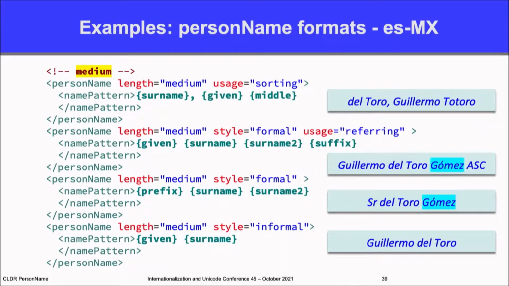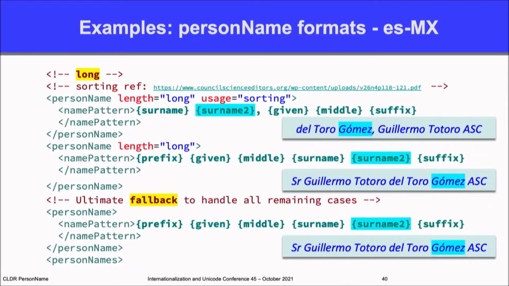And then another few examples with representation, bringing in the second surname, and then in the long formats, showing all the way down until you get to the fallback, which then will have everything in place.